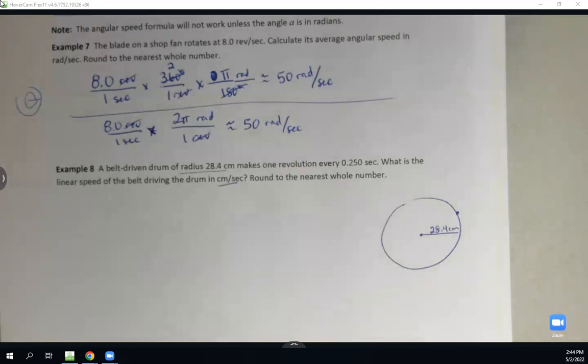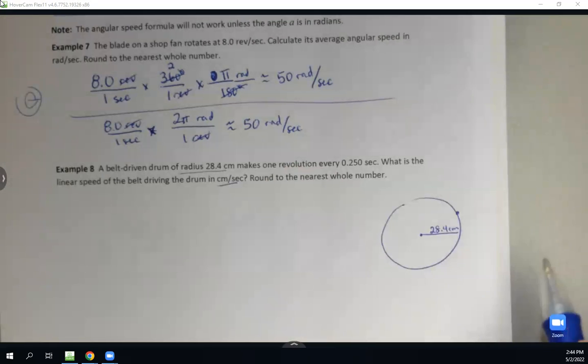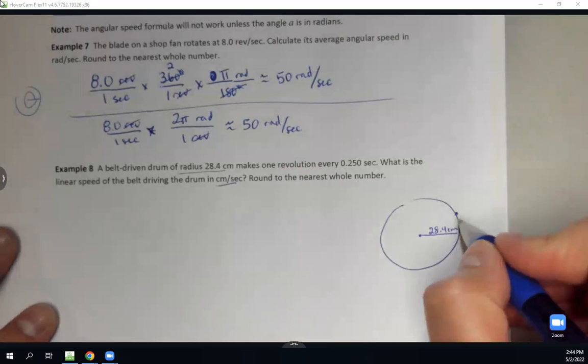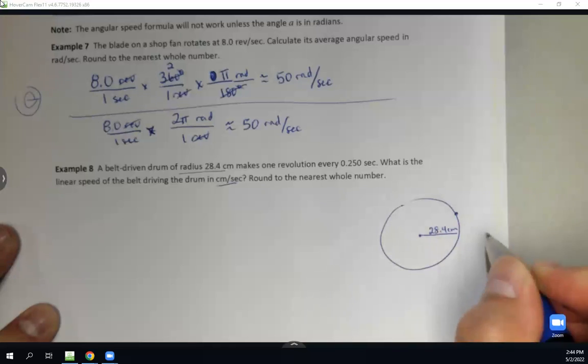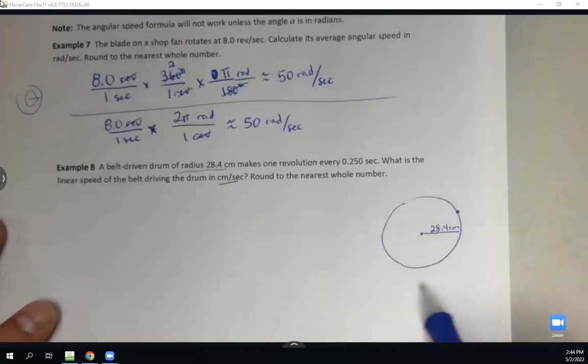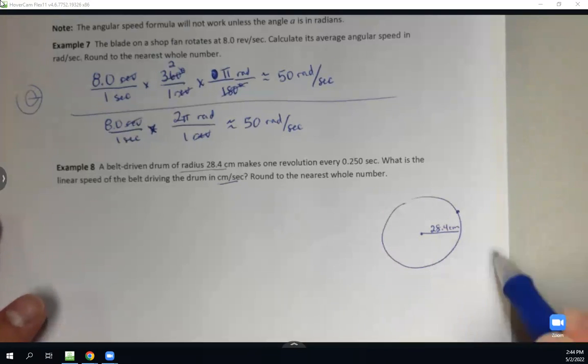So how are we going to do that? Well, what we need to do is think about what the distance is. The distance that thing travels every time it makes a revolution is going to be the circumference of the circle.